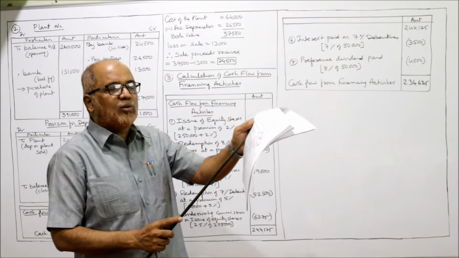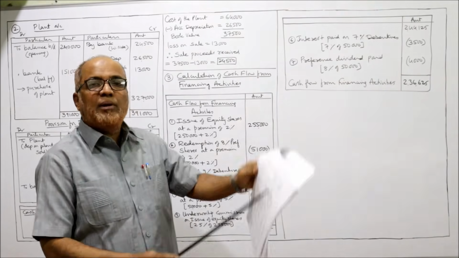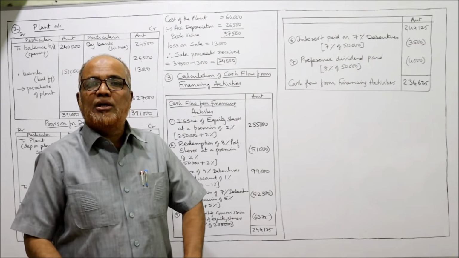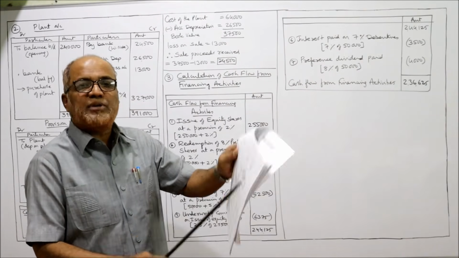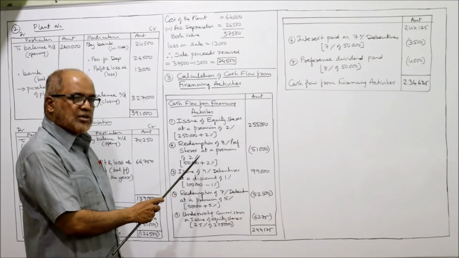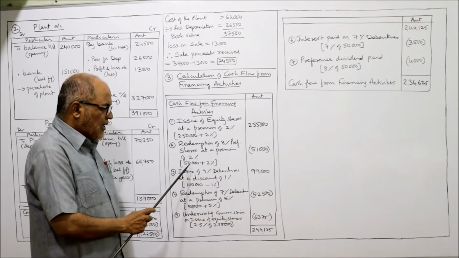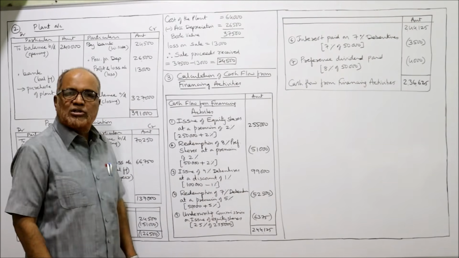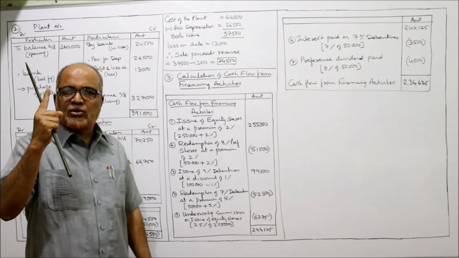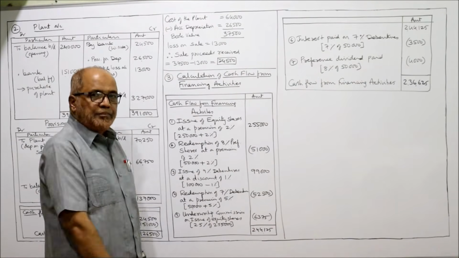In additional information you can see, 8% preference shares were redeemed at a premium of 2%. The company has paid 2% extra. So how much was the preference share capital? 50,000. 50,000 into 2% is 1,000. So redemption of 8% preference shares at a premium of 2%: 50,000 plus 2% gives 51,000. So the company has repaid 51,000.